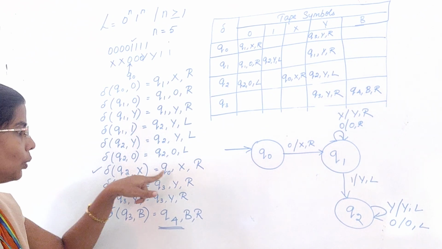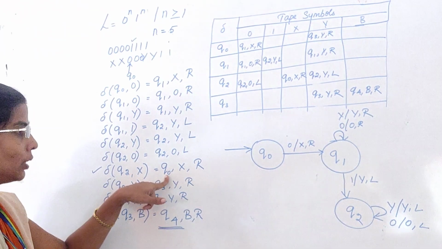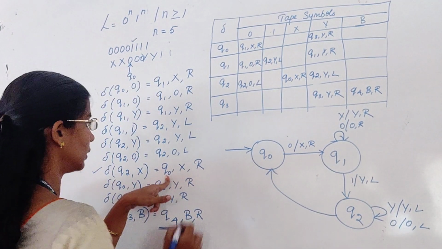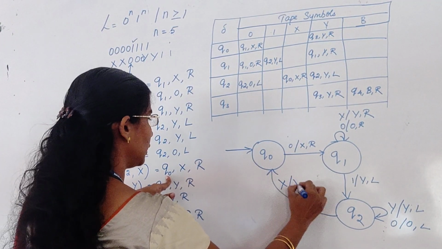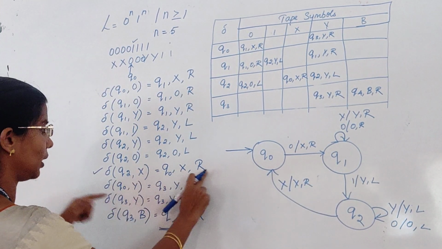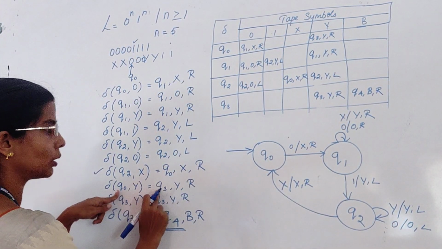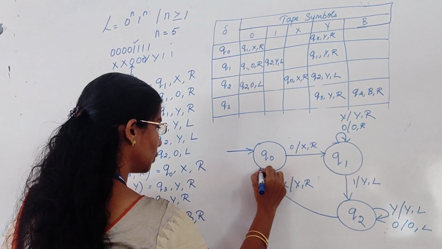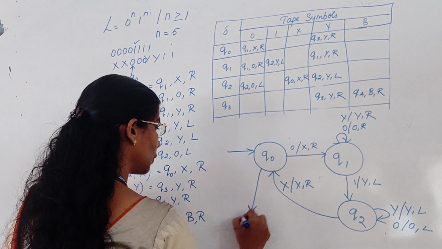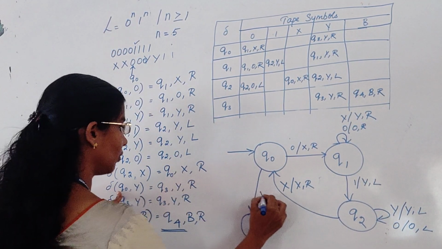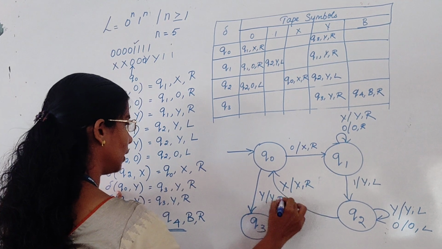Next Q2, there is a state change to Q0: X slash XR. Then Q0 to Q3: Y slash YR.